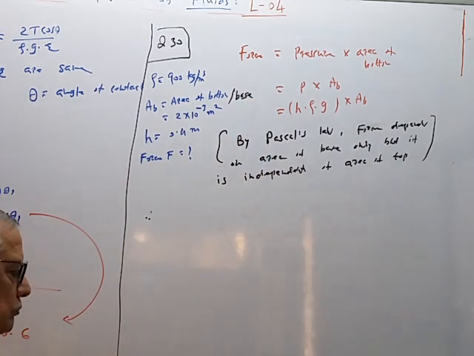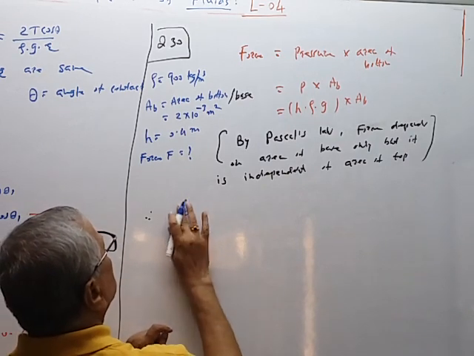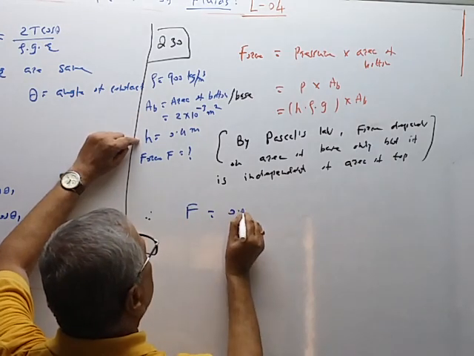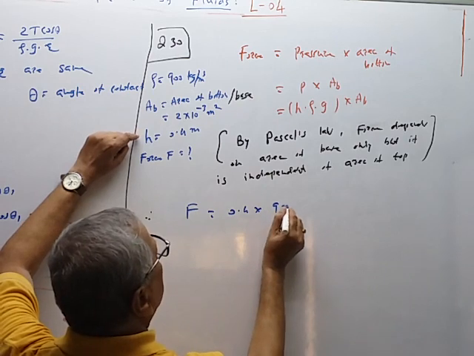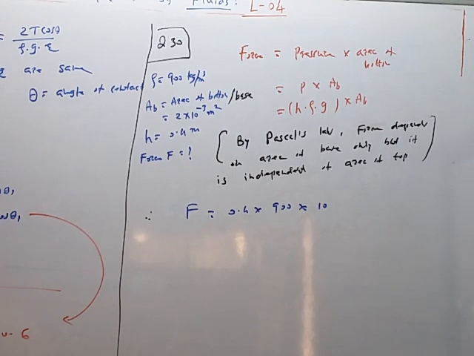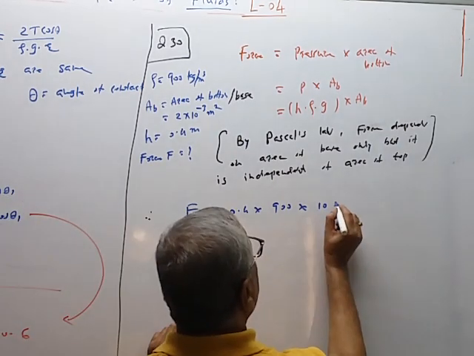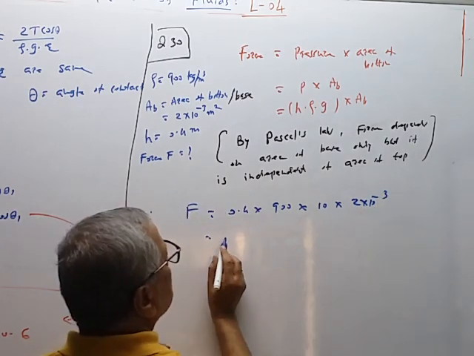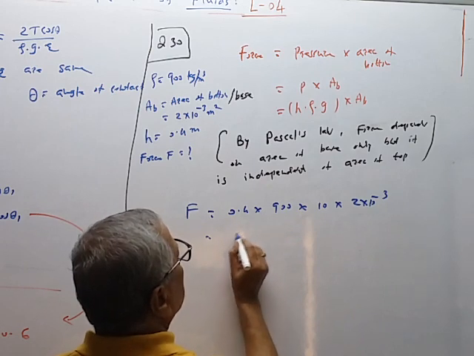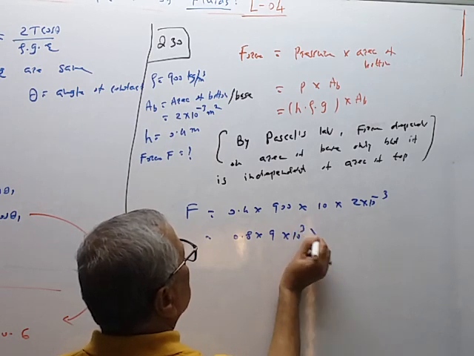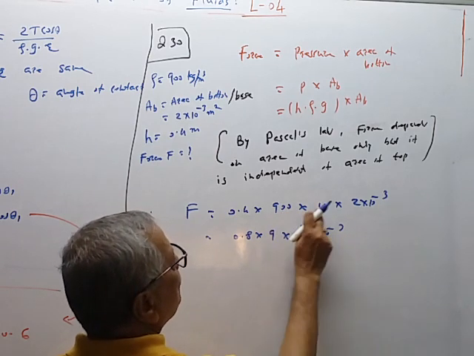And then what? Force F is equal to height times density times g times base area. Height is equal to 0.4, density is equal to 900, g is equal to 10, base area is equal to 2 into 10⁻³. So this is 0.4 into 2, so 0.8 multiplied by 9 multiplied by 10⁻³, 10⁻² and 10¹.